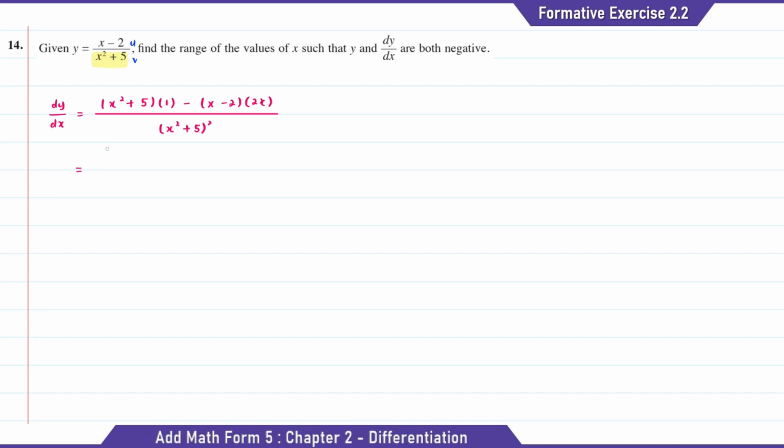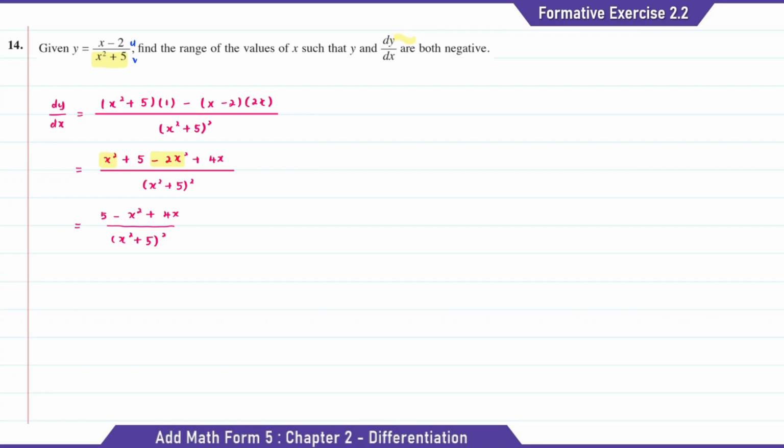Next, expand the numerator, x squared plus 5 minus 2x squared plus 4x. Solve the numerator, then we're going to get 5 minus x squared plus 4x over x squared plus 5 squared.